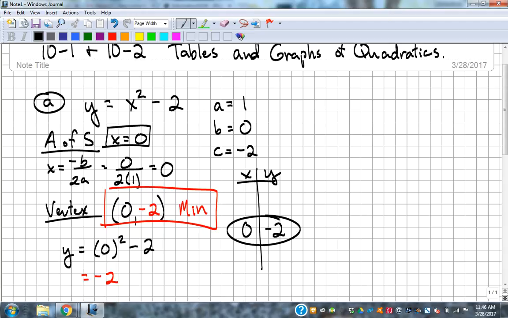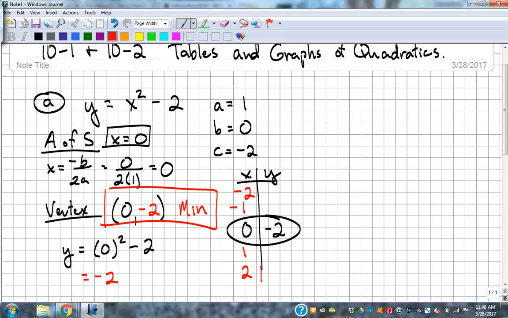So what's left of 0 on the number line? -1, and then left of that would be -2. So those are the x values that I want to use. What's to the right of 0? +1, +2. Okay? Now, those are x values.